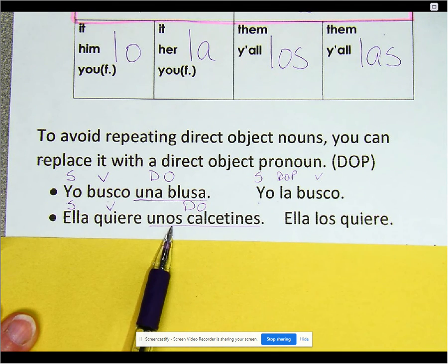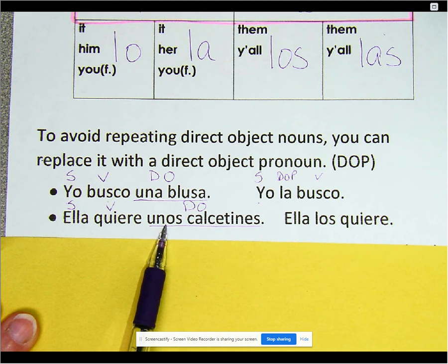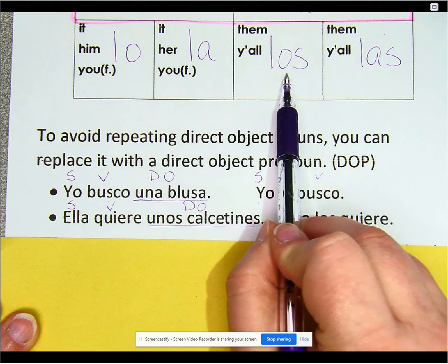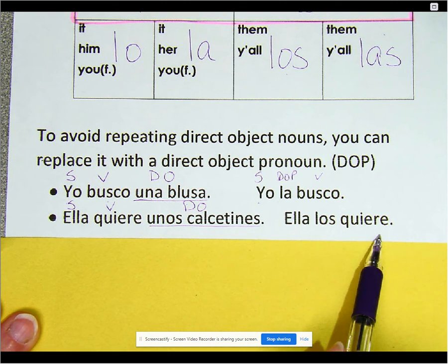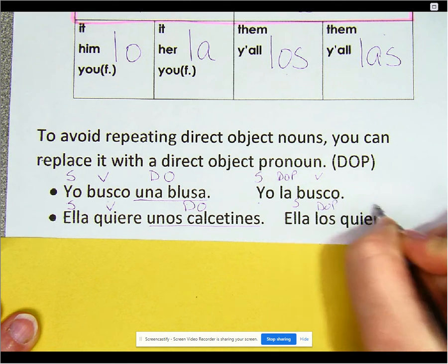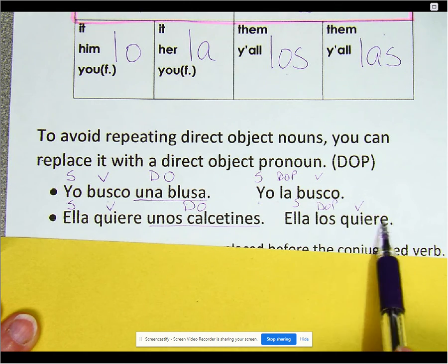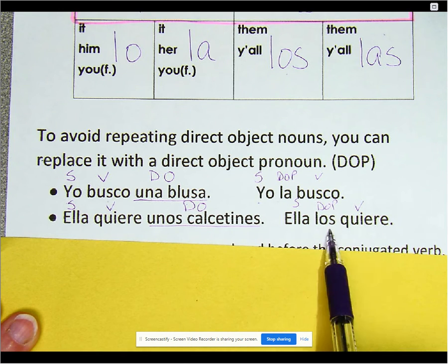So because socks is just a thing, it's not a person, we know it has to be third person. It's plural and it's masculine. So we're going to choose los. Ella los quiere. So we have our subject, our direct object pronoun, and our verb. She wants them. She wants some socks. She wants them.